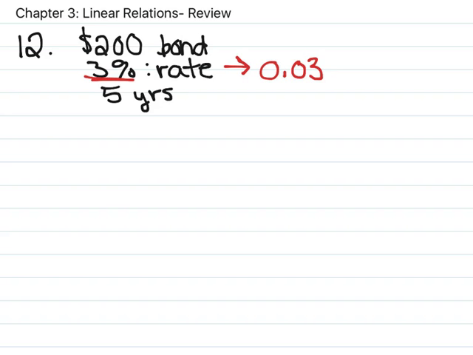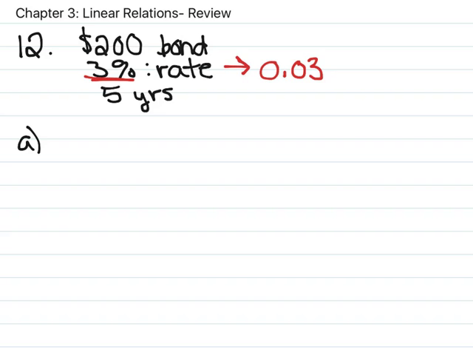Question A. How much interest does the bond earn each year? And they have a hint that interest per year is equal to the amount invested multiplied by the interest rate expressed as a decimal.